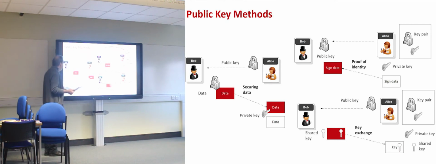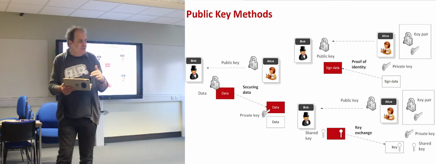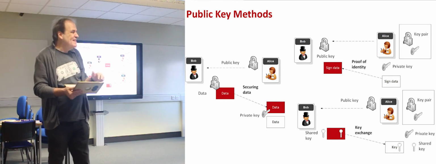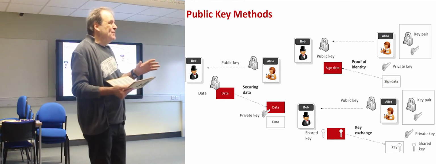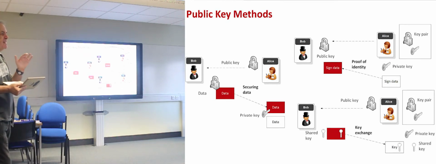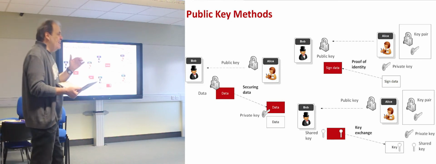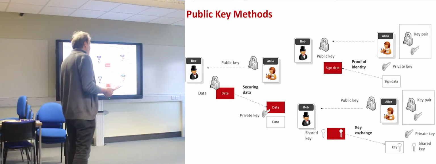And then the other way, which is hardly ever used, is that we can take some data, encrypt it, and then decrypt it with a private key. It doesn't work. The processing overhead is massive. Symmetric key is there for that type of application. It does the grunt work and it's fast.